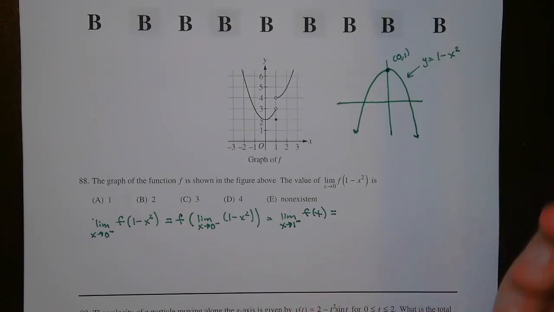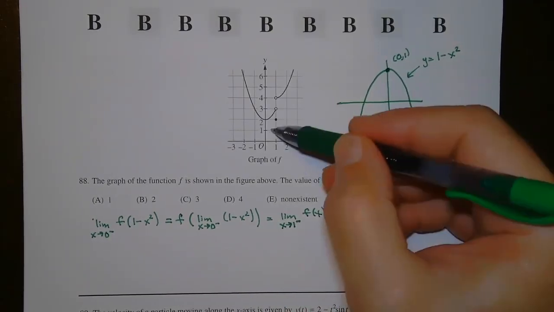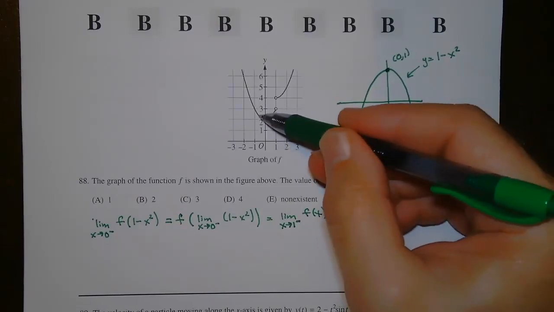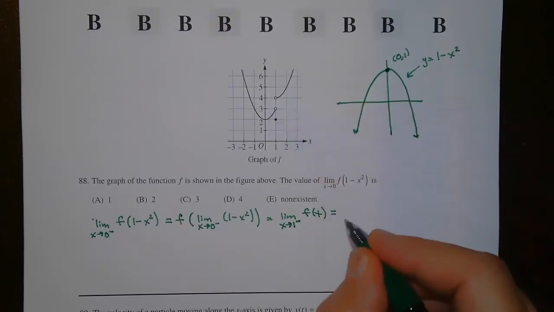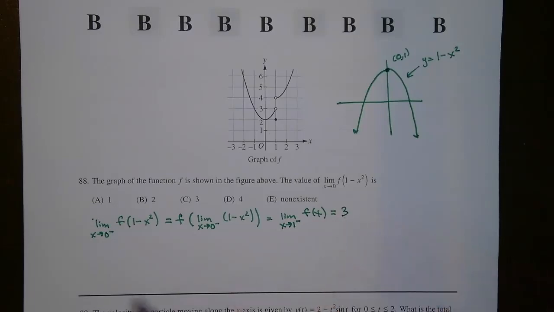Now we can use this graph of f to do this. As we approach 1 from the left, we're going to get 3. This is equal to 3. We have to do the one-sided limits, and if they agree, then that's going to be our limit.